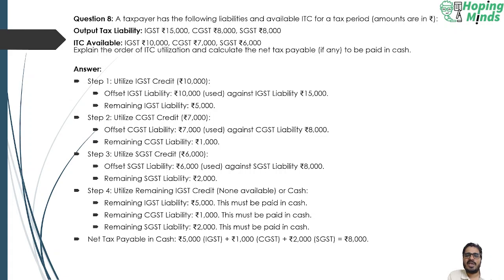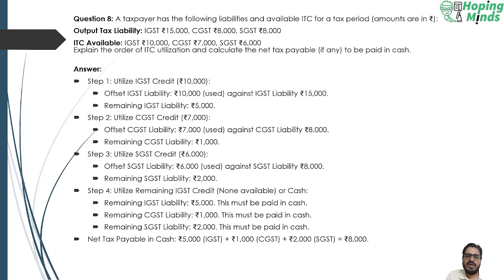The balance tax payable under CGST will be rupees 1,000. Then utilize the SGST credit of rupees 6,000 to discharge the SGST output liability of rupees 8,000. Again, the remaining tax liability under SGST after utilizing the ITC under SGST of 6,000 will be rupees 2,000.